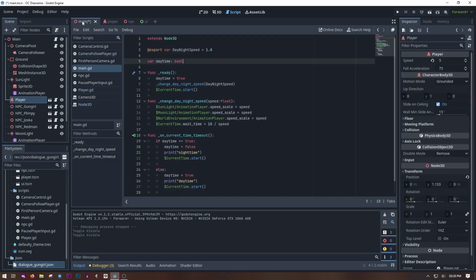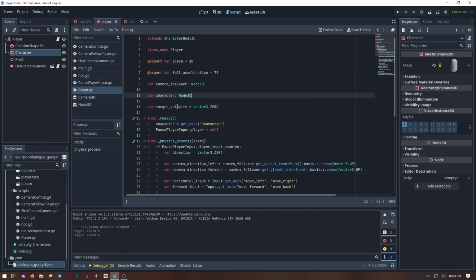Just telling it what type of variant it is. So target velocity is vector 3, 0. So velocity is how you're moving, and the target is nothing. So if you're not doing anything, it should be not moving.